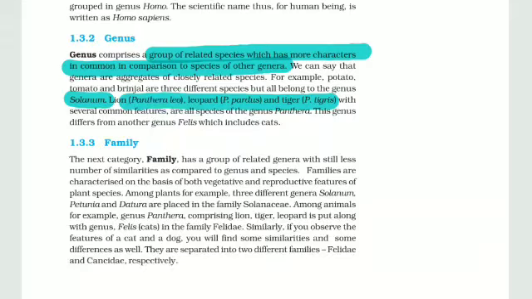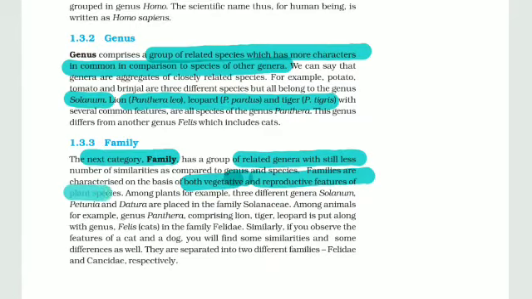So family can be characterized based on the vegetative and reproductive features of the plant species. Among plants, for example, there are three different genera, that is Solanum, Petunia and Datura. All belong to the same family, that is Solanaceae.